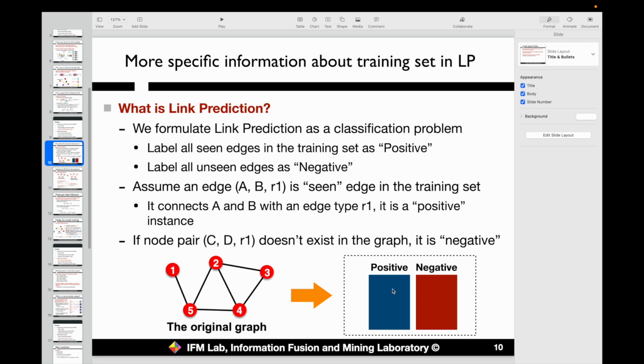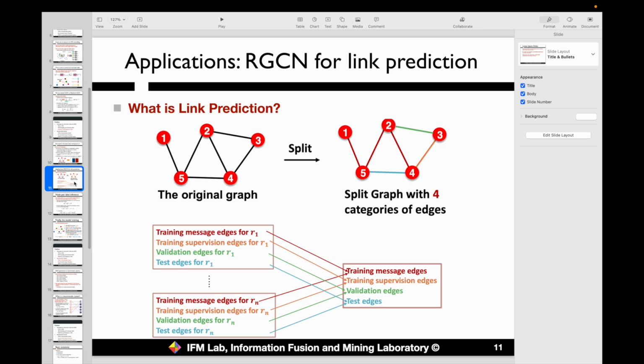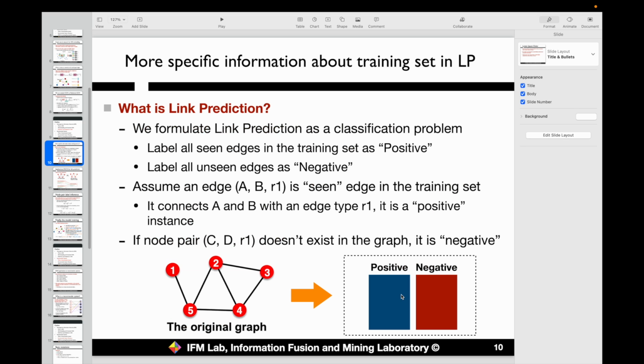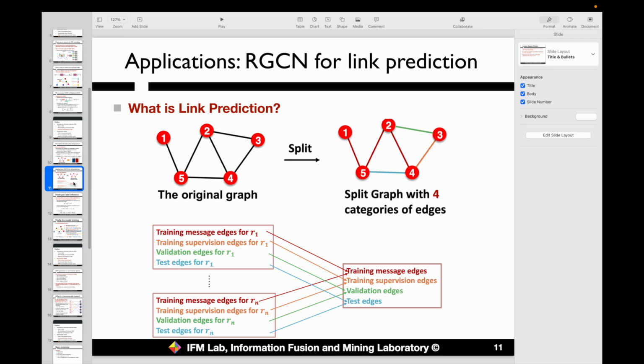Based on the positive set together with the negative set, we can further partition them into a training set, testing set, as well as a validation set, as we show here. So for each type of relationship, R1 until Rn, we can extract its corresponding positive set and negative set. And based on these sets, we can further partition them into the training set, testing set, and validation set according to the sampling method we mentioned before for the splitting, right?